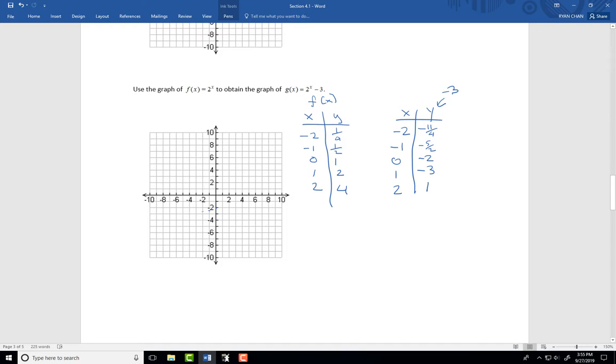Sorry, this should be negative 1. So it's going to look like this. Notice it's going to flatten out at y equals negative 3. I will have a horizontal asymptote at y equals negative 3.